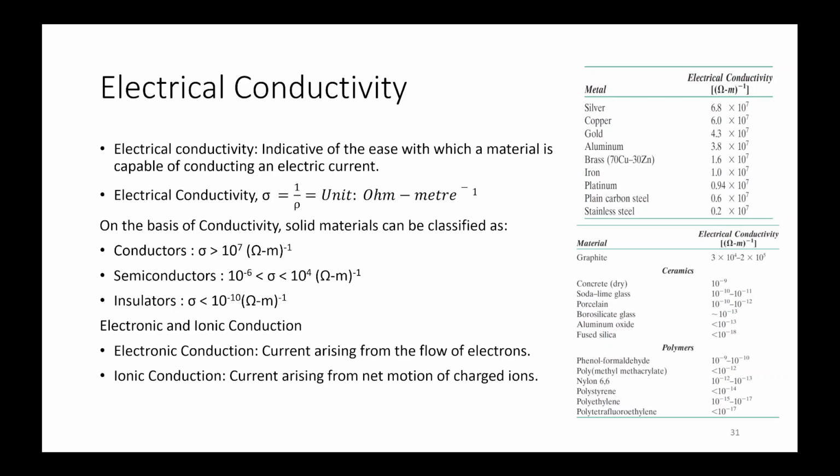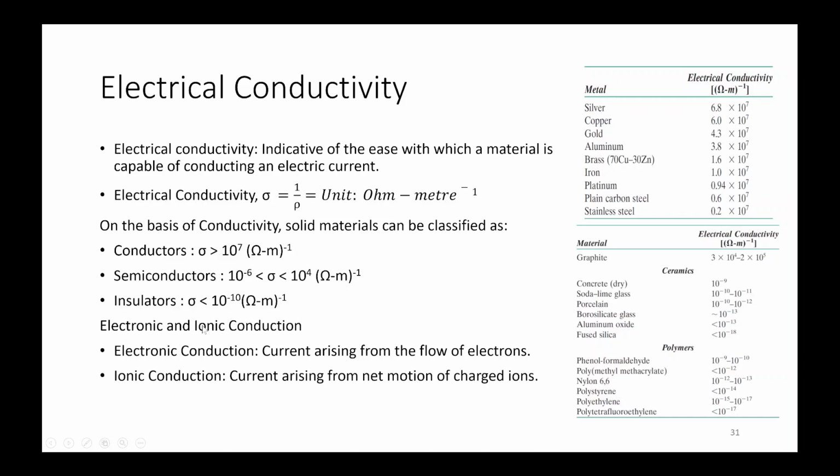In case of conductors, conductivity will be higher than 10 to the power 7 ohm meter inverse. For semiconductors, it will be between 10 to the power minus 6 to 10 to the power 4. And for insulators, it will be lesser than 10 to the power minus 10 ohm meter inverse.